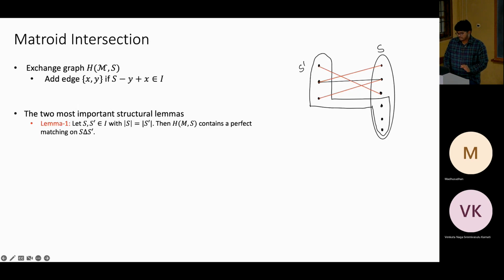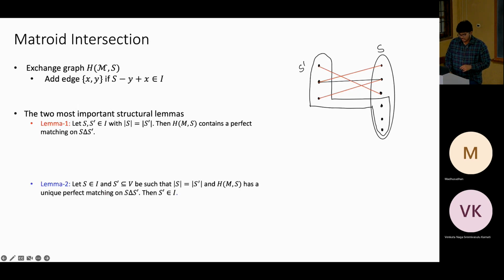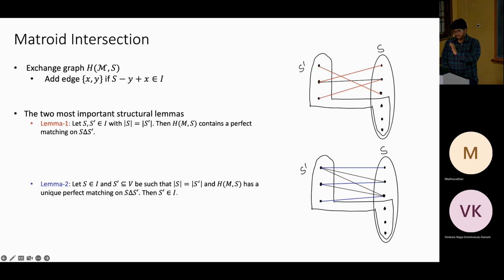The first lemma: if you have two independent sets of the same size, then there is a perfect matching on the symmetric difference of them. You can try to prove that; it's a nice exercise. The second is a counterpart which gives the other side. If I know that S is an independent set, but I don't know whether S dash, which is of the same size, is independent, but I see that there's a unique matching in the symmetric difference, then I can guarantee that S dash has to be independent.